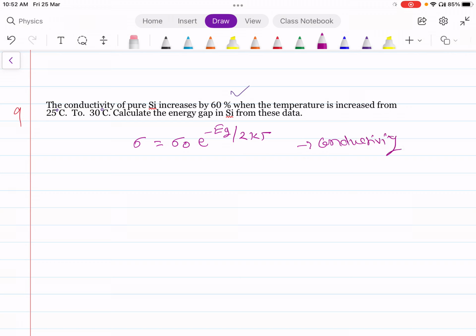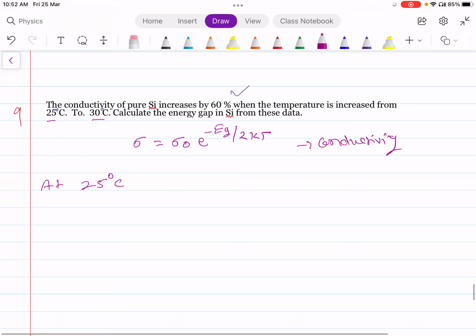Now there is a conductivity at 25 degrees and a conductivity at 30 degrees. So let us find the conductivity at 25 degrees Celsius, that is 25 plus 273, which is equal to 298 Kelvin.